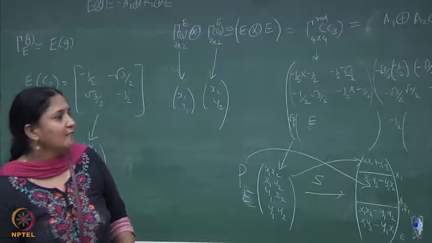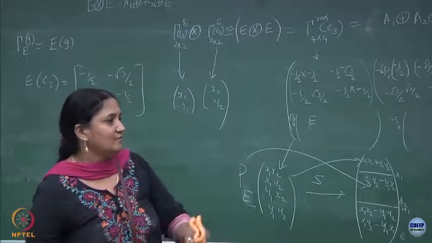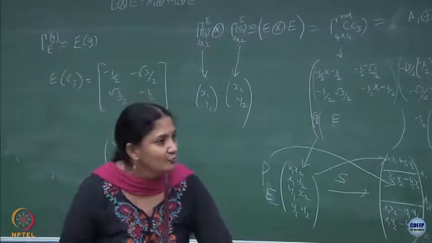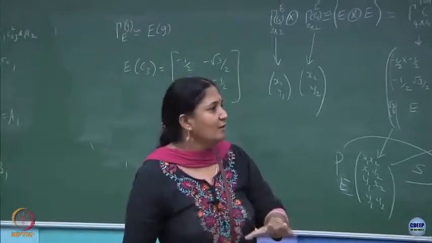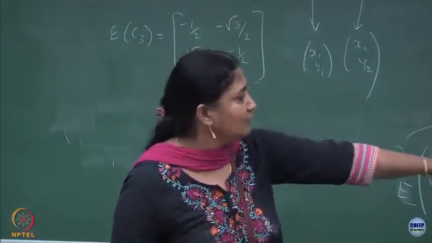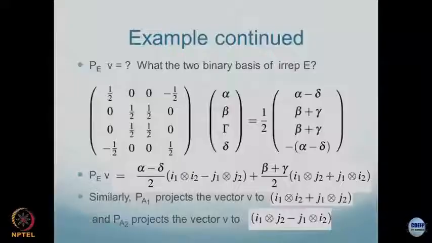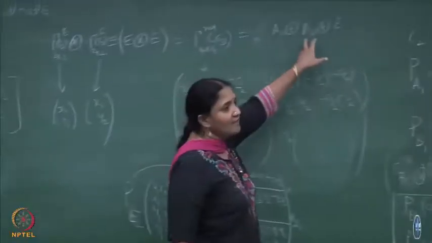So, the thing which I want you to do is I will put this on Moodle, please check this algebra. I have given you the concept today, but unless you work out all the 4 cross 4 matrices and substitute and check it out, you will not understand what I am saying. So, I have given you this data, this also you should check.